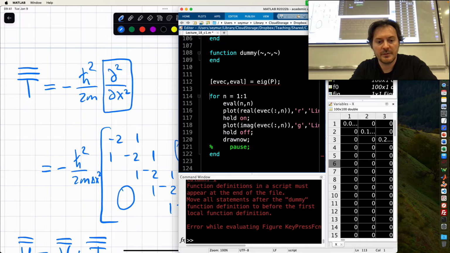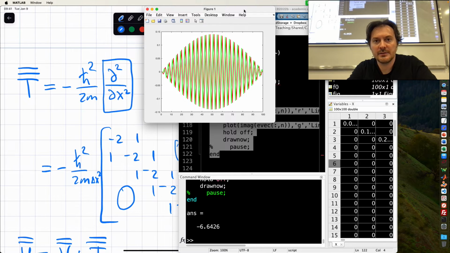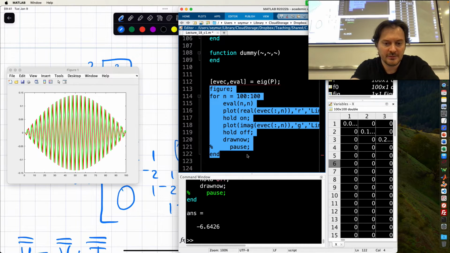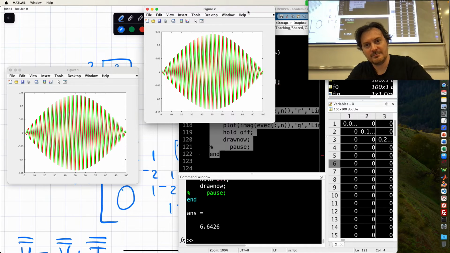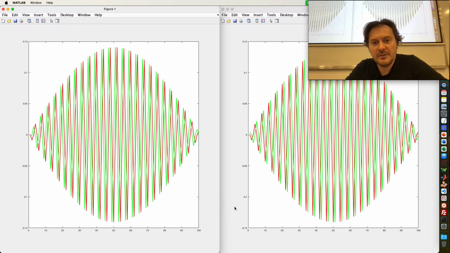Let me go with figure. So this is the first one. That's going to the left. And let me go to 100. This is the 100th one that's going to the right. What's the difference?